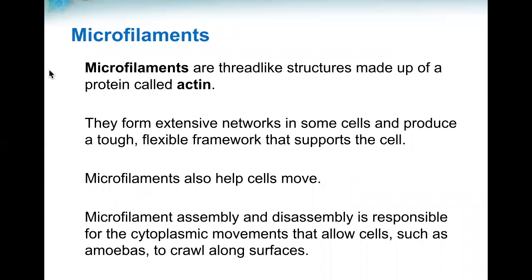Microfilaments are thread-like structures made up of protein called actin. They form extensive networks in some cells and produce a tough, flexible framework that supports the cell. Microfilaments also help cells move. Microfilament assembly and disassembly is responsible for the cytoplasmic movements that allow cells, such as amoebas, to crawl along surfaces.